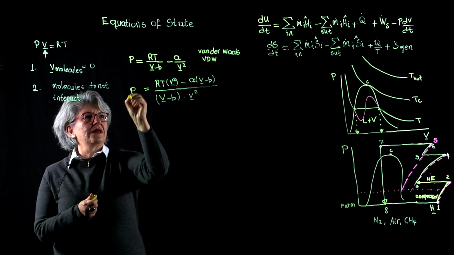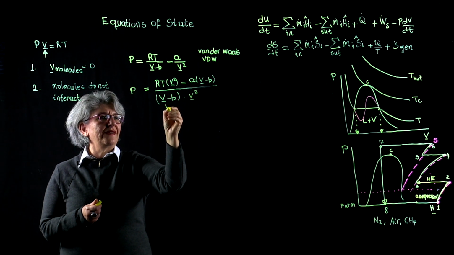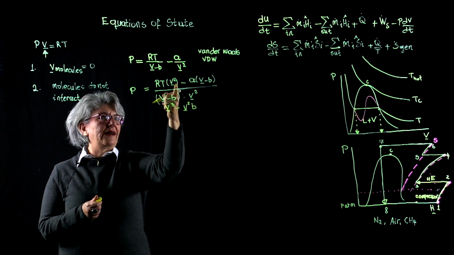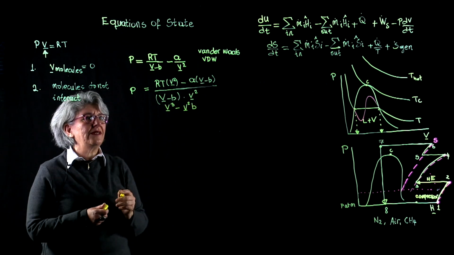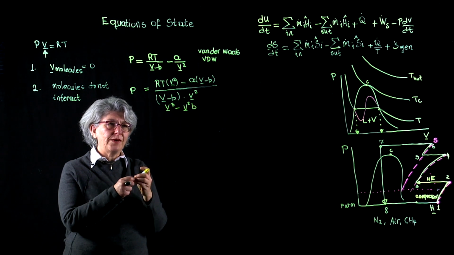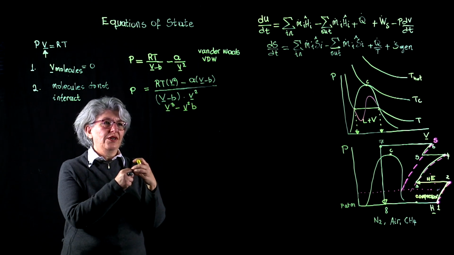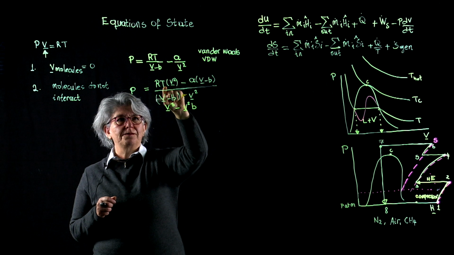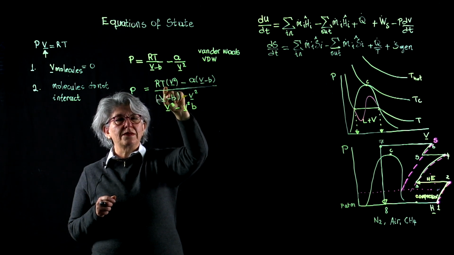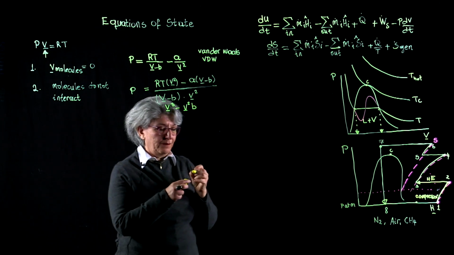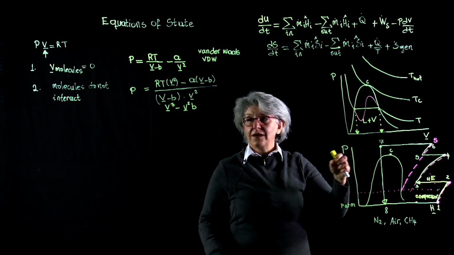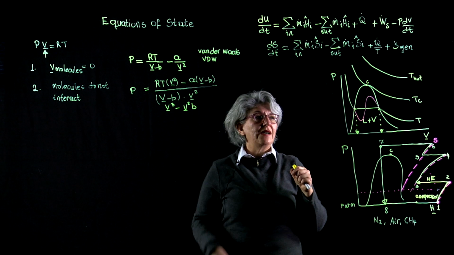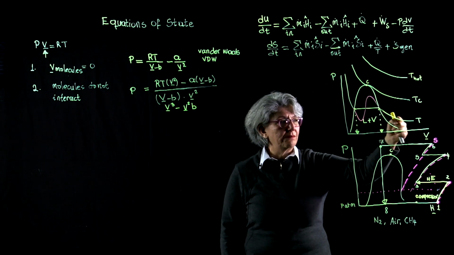So as you can see, through the denominator, I have a V cube minus V square B. I have V square terms, V terms, and V independent terms. I have a cubic equation in terms of volume. So if I keep the temperature constant, and if I plot pressure as a function of volume, I should have a cubic equation behavior.